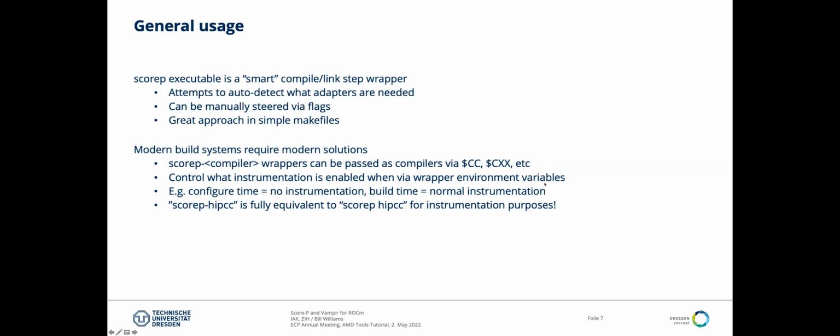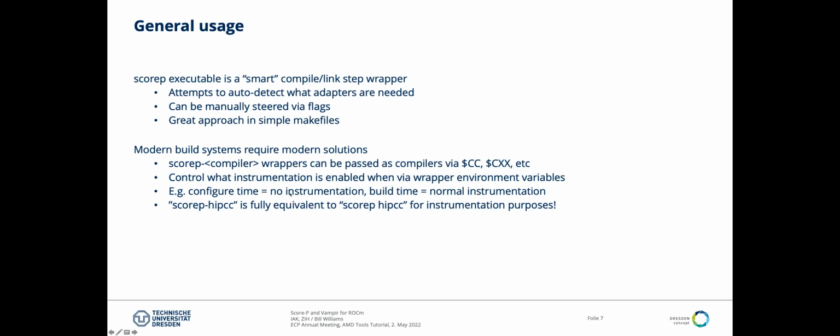So, the simple and obvious case here is that when you're configuring your application, your configure checks will most likely fail if you try to build them with instrumentation. So your configure step you would run with the wrapper disabled and no instrumentation happening, and then at build time, you actually instrument things.